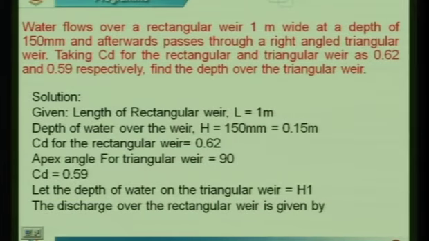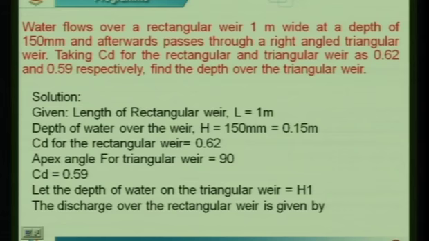If I measure the head over the V notch, I can easily calculate the actual discharge flowing in the channel. In order to find the CD for this rectangular notch, I make use of this V notch to find the actual discharge. Probably once you go to the laboratory and see the models, you will appreciate what we are studying in the class. Take CD for the rectangular and triangular weir as 0.62 and 0.59 respectively. Find the depth over the triangular weir.